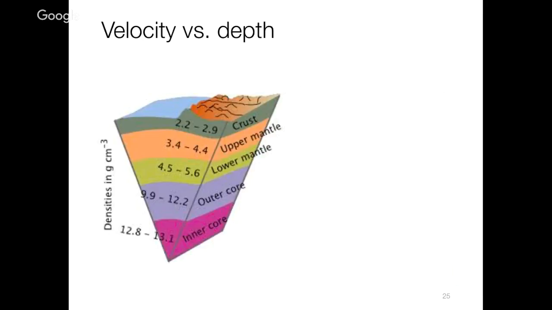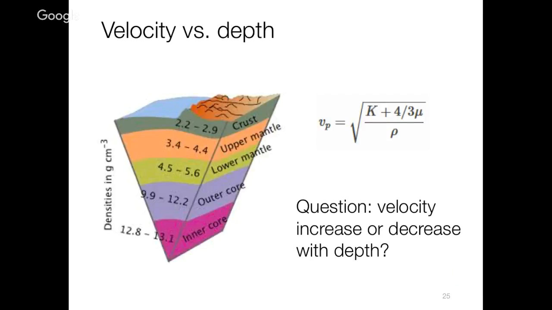Let me rewind. So here was the density as a function of depth, and we had these particular P wave velocities. If we think about a wave propagating through something that is more dense, it might actually propagate faster. That would be a natural consequence, I think.